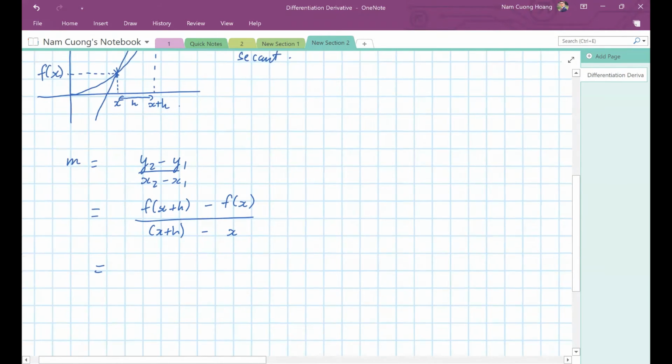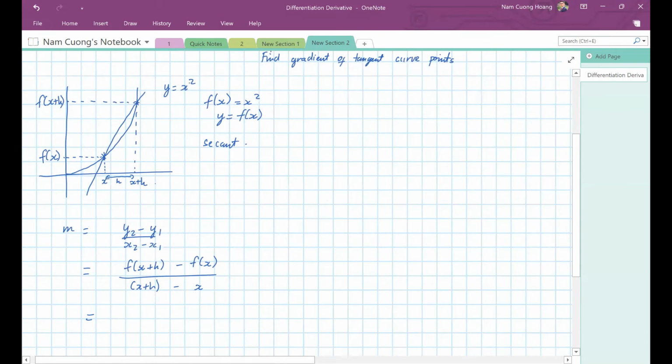Okay, and what is f(x plus h)? Because f(x) is x squared, so f(x plus h) is (x plus h) squared. Again, if you don't understand this, you will need to focus on the topic of function. So this is minus x squared because it's just f(x). Okay, this is open up x plus h minus x.